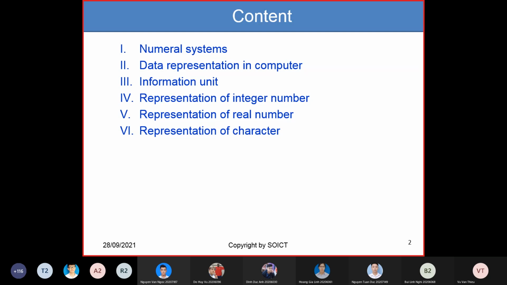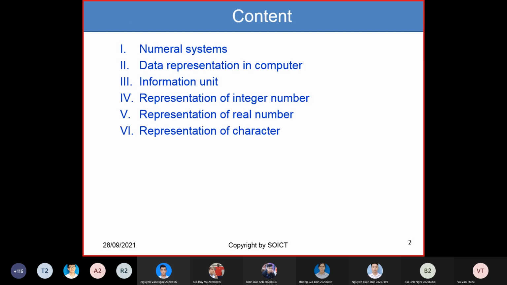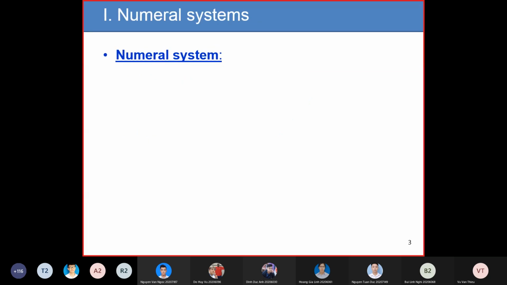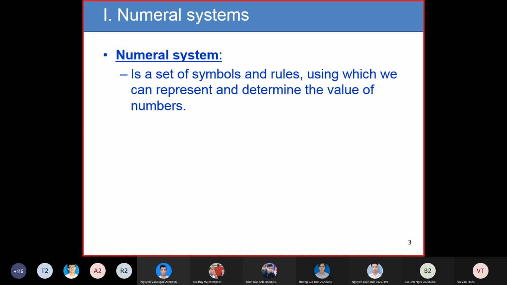So what is a numeral system? A numeral system is a set of symbols and rules using which we can represent and determine the values of any number.